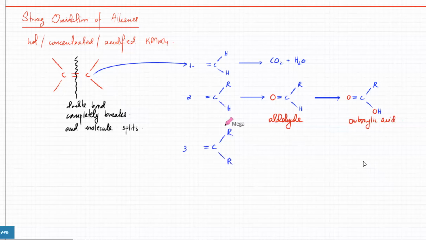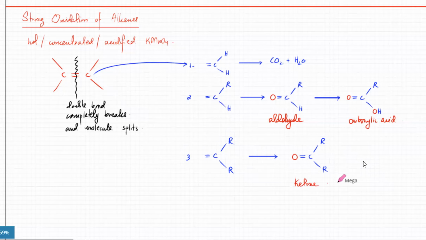So this one would turn into a ketone. So they're basically three scenarios.